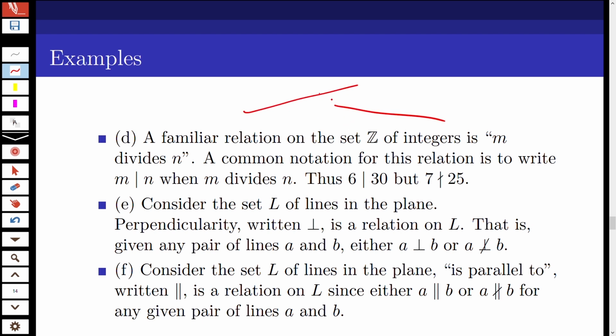Here these two lines are not perpendicular, so A is not related to B under the relation perpendicularity. But if you take two perpendicular lines, then A is perpendicular to B, so in this case the ordered pair (A,B) belongs to R.